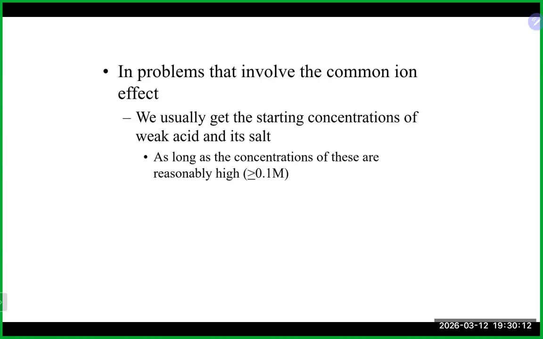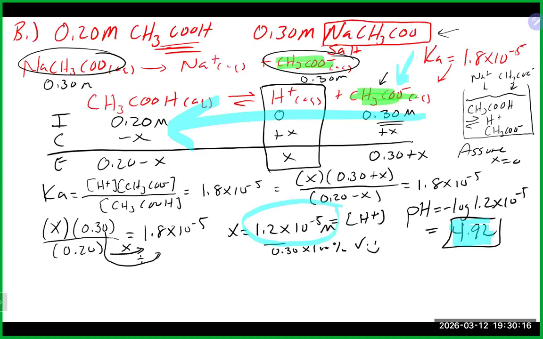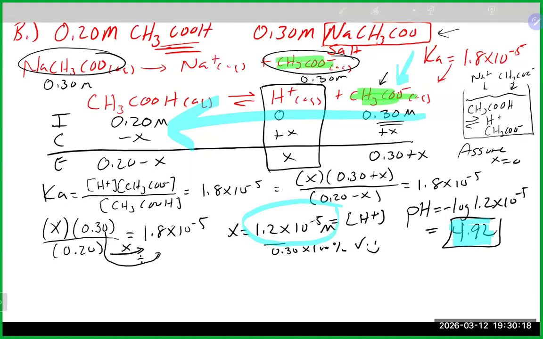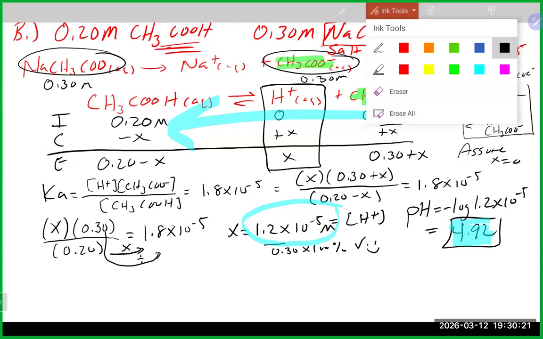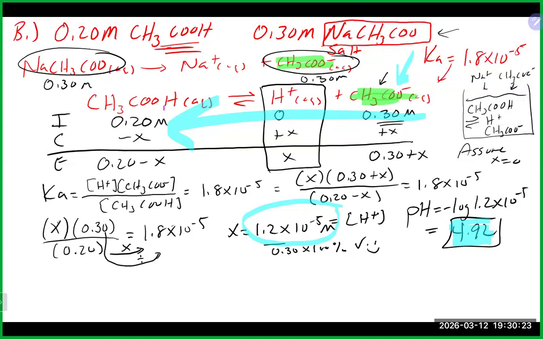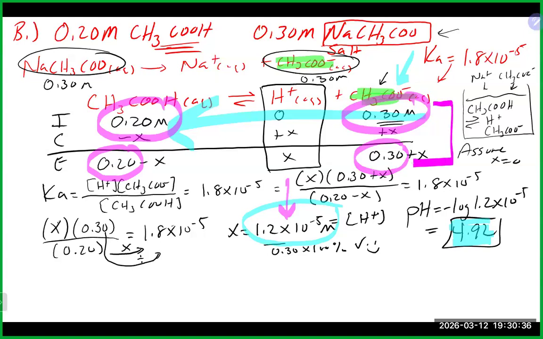When you look at the initial concentrations of these guys, and you look at the change, and you put that change back in at the equilibrium line, pretty much the initial concentration of both of those guys and the equilibrium concentration of both of those guys are essentially the same.